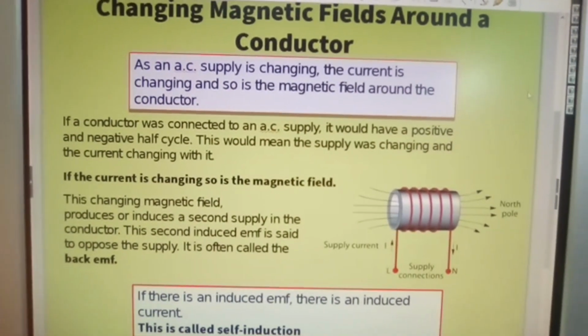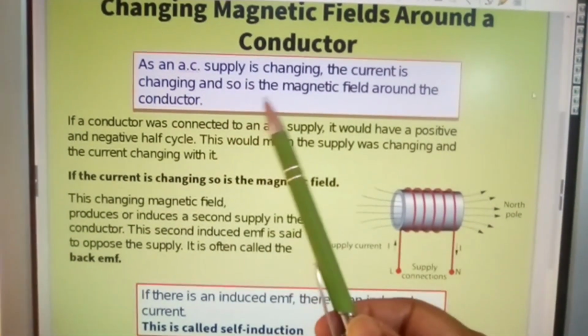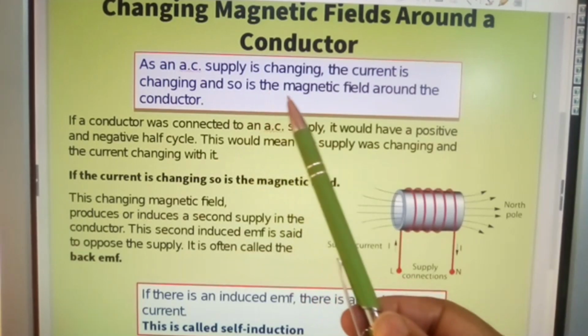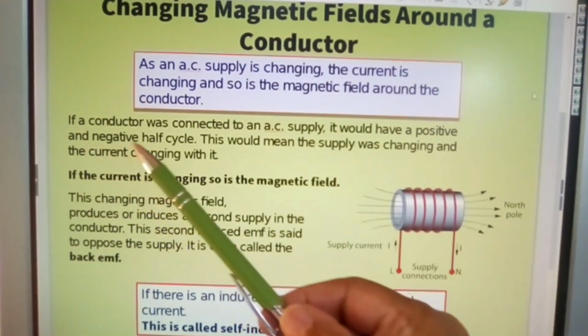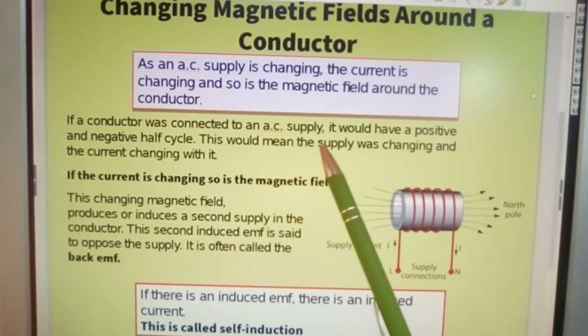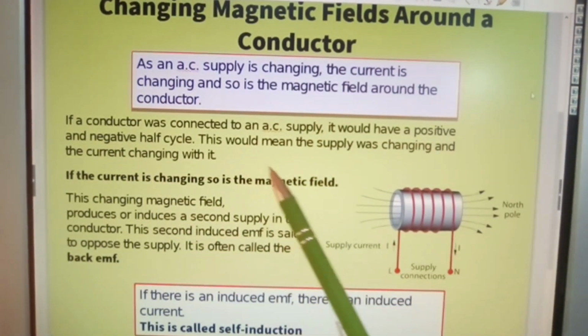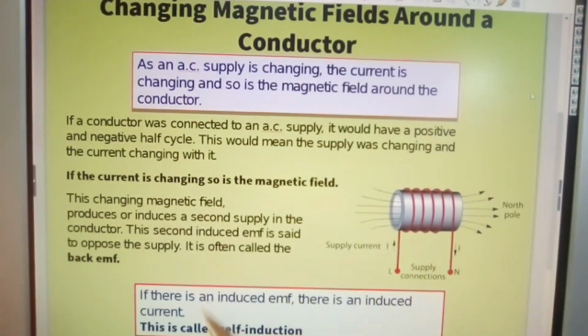Okay, changing magnetic fields around a conductor. As an AC supply is changing, the current is changing, and so is the magnetic field around the conductor. If a conductor was connected to an AC supply, it would have a positive and negative half cycle. This would mean the supply was changing and the current changing with it.